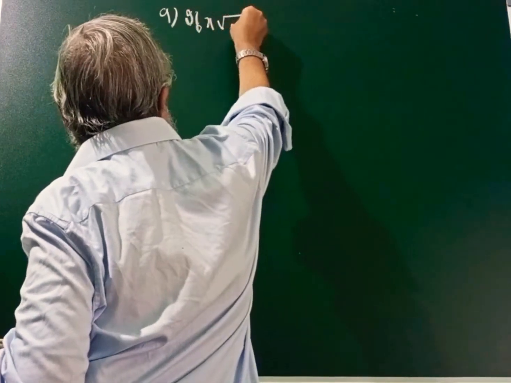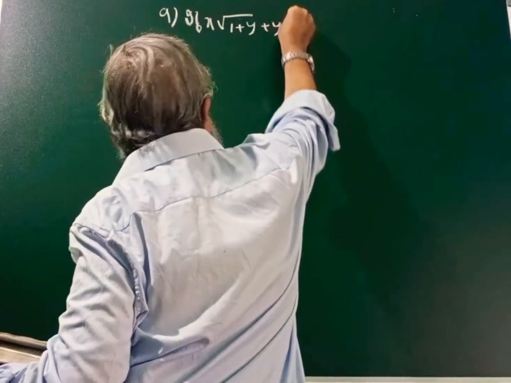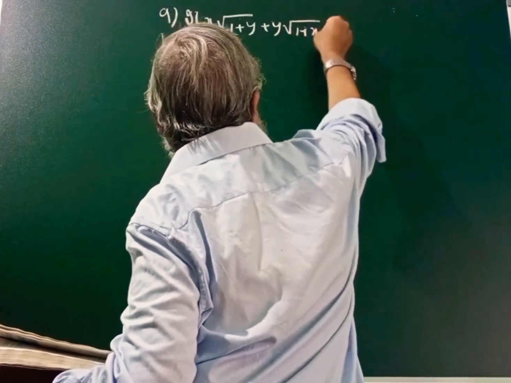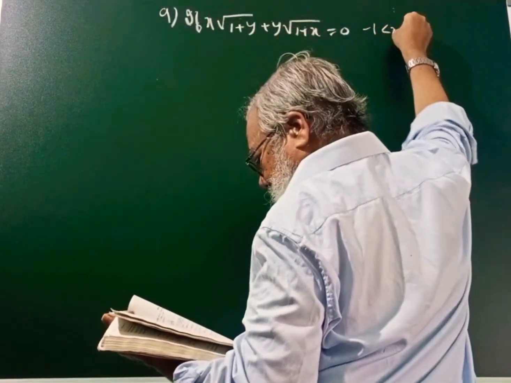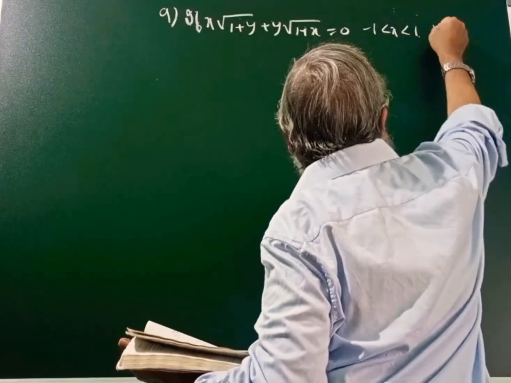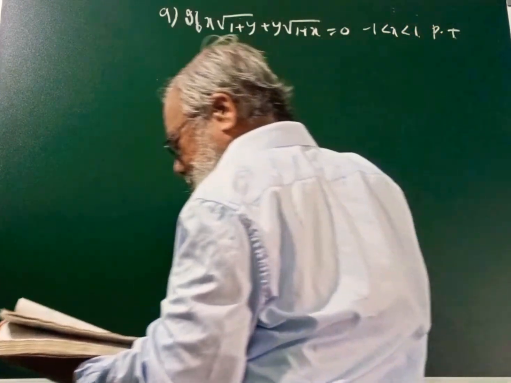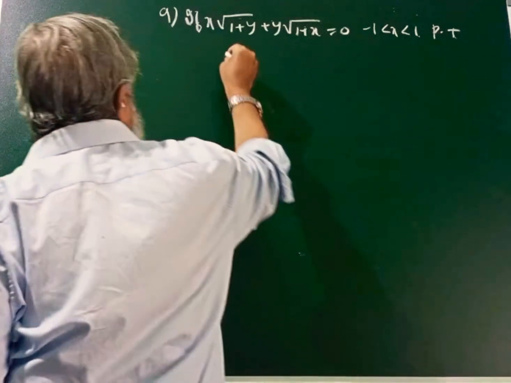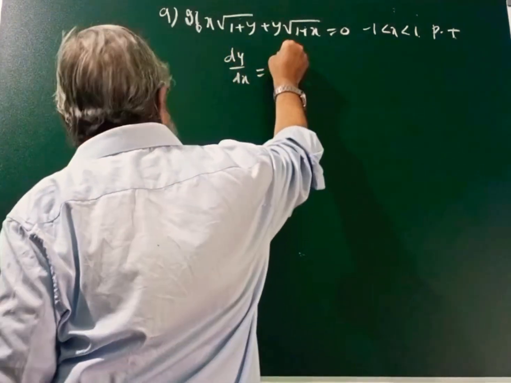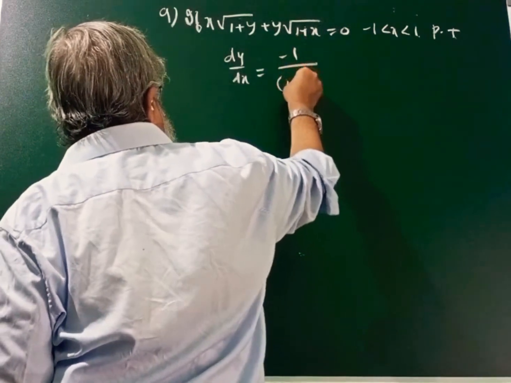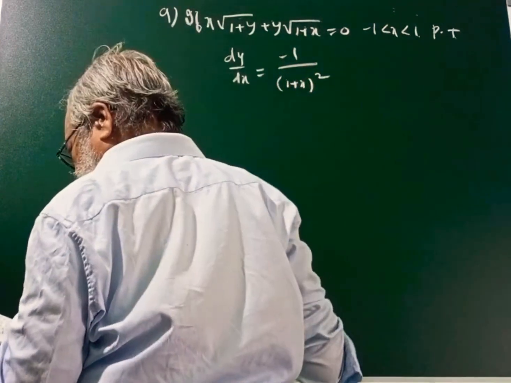If x under root 1 plus y, plus y under root 1 plus x is equal to 0, with minus 1 less than x less than plus 1, prove that dy by dx is equal to minus 1 by (1 plus x) whole square.